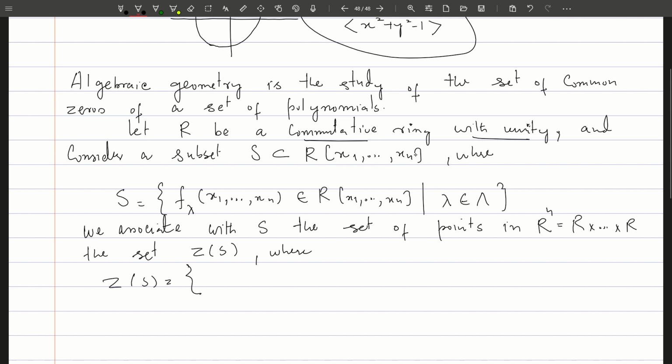It contains all n-tuples in R^n such that when the polynomials in set S are evaluated at these points, they just vanish. So this is true for all lambda in Lambda.